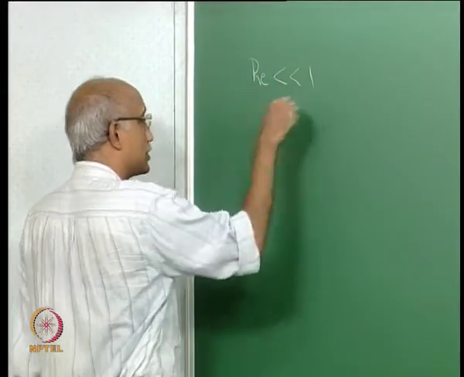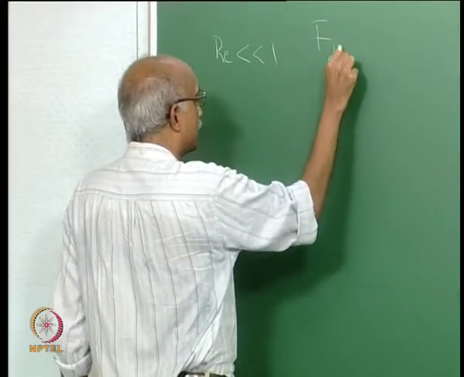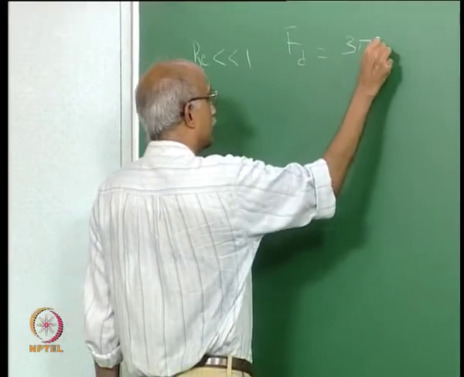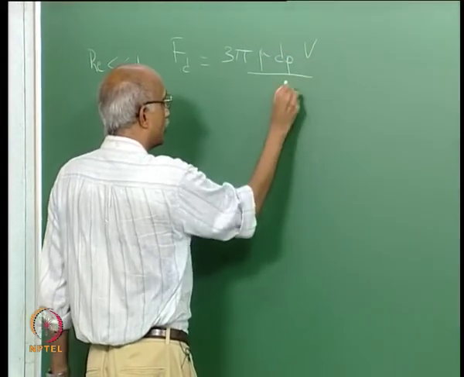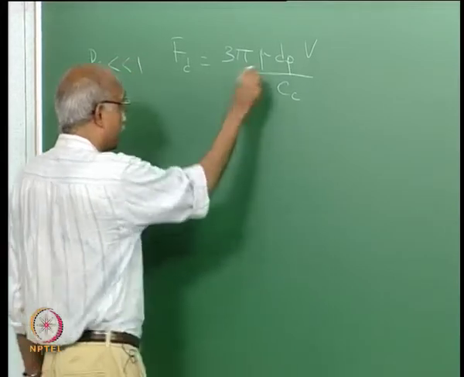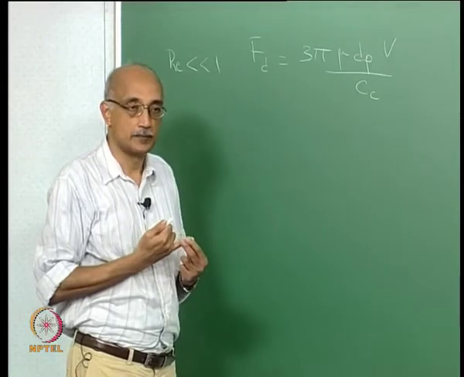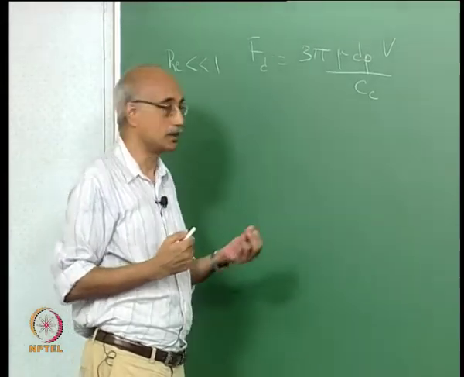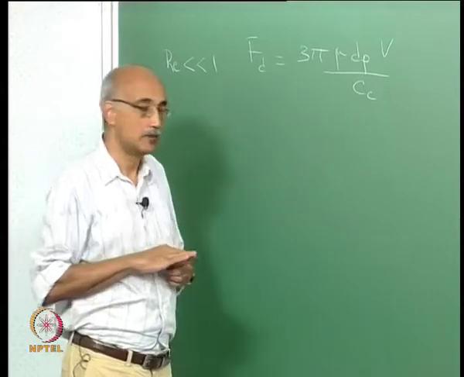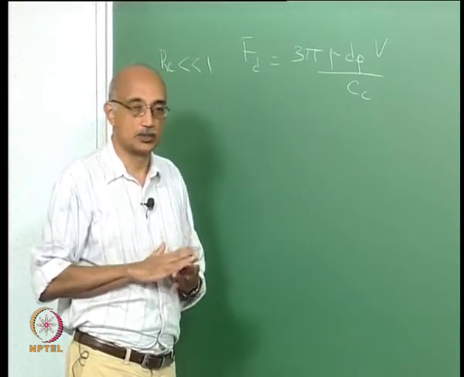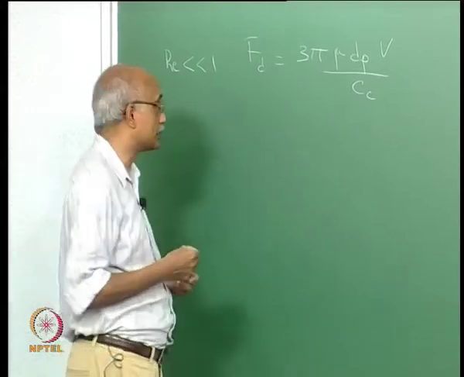When Reynolds number is much smaller than 1, that is under creep flow conditions, we said that F drag equals 3 pi mu dp v over Cc, where mu is the dynamic viscosity of the fluid, dp is the particle diameter, v is the relative velocity between the particle and the fluid, and Cc is the Stokes-Cunningham correction factor, which is approximately proportional to the inverse of particle diameter for very small particle diameters.